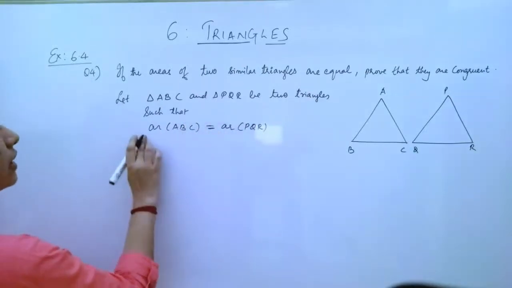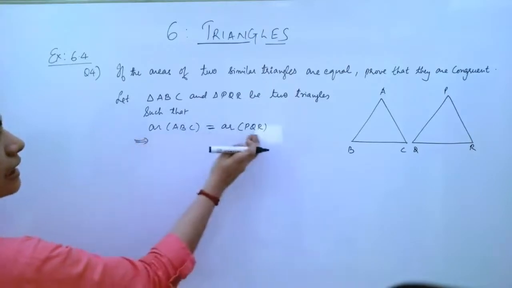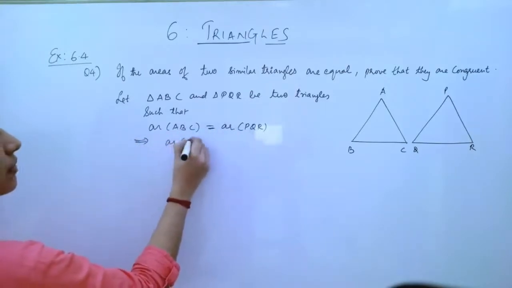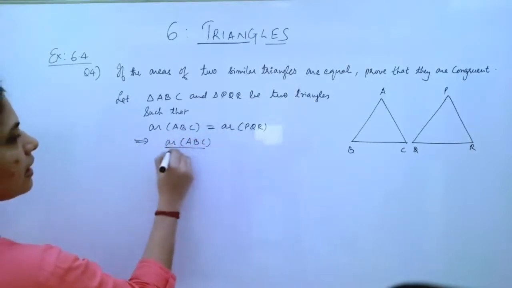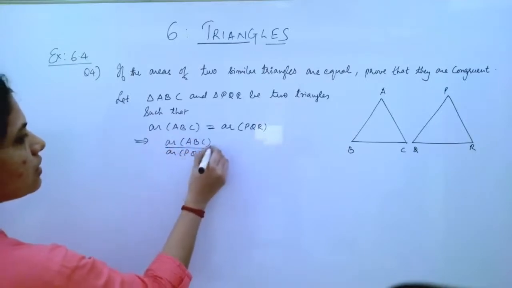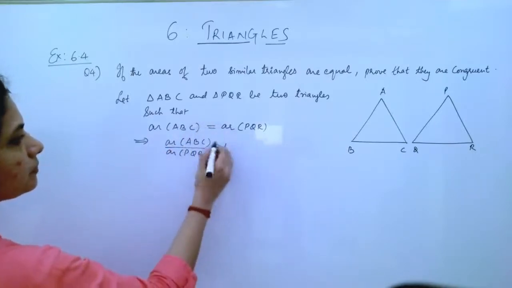Now from this what you can do is you can just take this to the right hand side. That means it will become area ABC by area of PQR is equal to 1. Right?